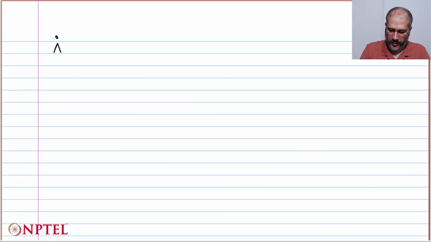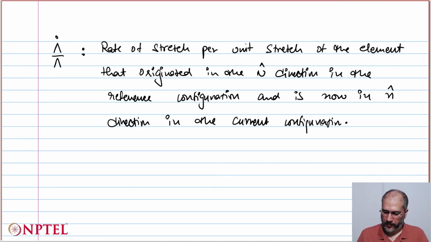So this quantity lambda dot upon lambda is the rate of stretch per unit stretch, because that's lambda dot upon lambda, of the element that originated in the capital N hat direction, but which is now in the small n hat direction in the current configuration.